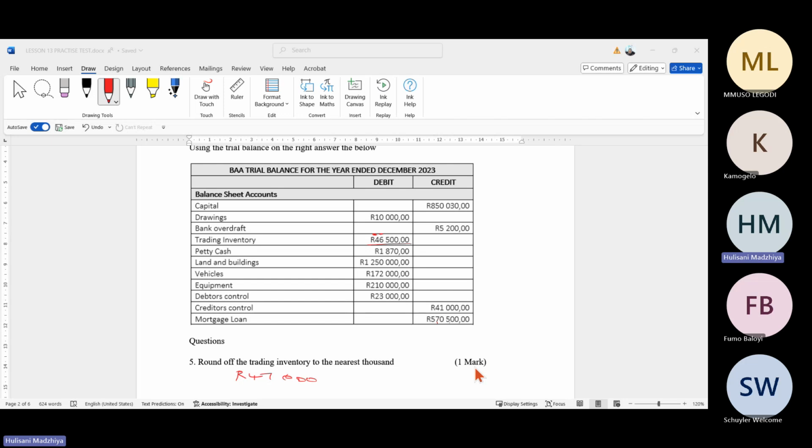Please, Likhudi, do you have your final figure with you? So I got 48,370. Also got the same amount. Yes, sir. Paloi, as well as, sorry, Welcome, as well as Likhudi, what is your final figure?